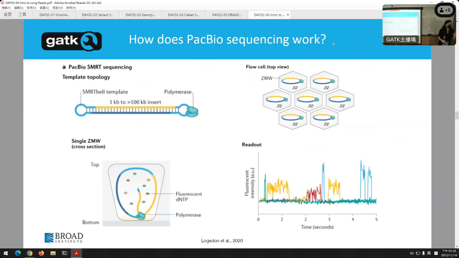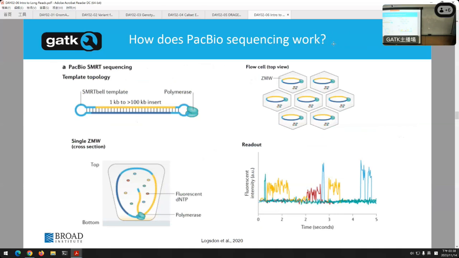But since we are not just looking at fluorescence, but fluorescence over time, this also allows us to access the information about DNA methylation, because it turns out that a 5-methyl cytosine has a longer incorporation time than an unmethylated cytosine. So the fluorescence for a methylated C would last longer than an unmethylated C. So that's how we're able to get the methylation information directly from the PacBio sequencing.